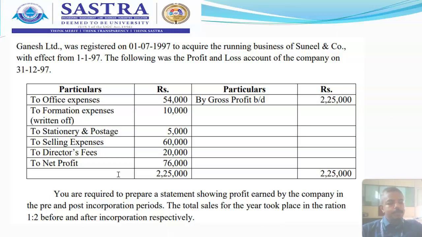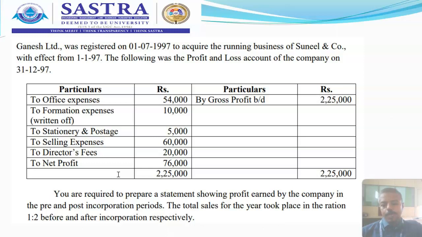Here the ratio is 1:1, but in later upcoming problems we may have different ratios like 2:3, 5:7, and at that time you may get confused and write the same amount. No, it's not. The apportioned amount based on the time ratio is for pre-incorporation, and the rest has to be apportioned for post-incorporation.